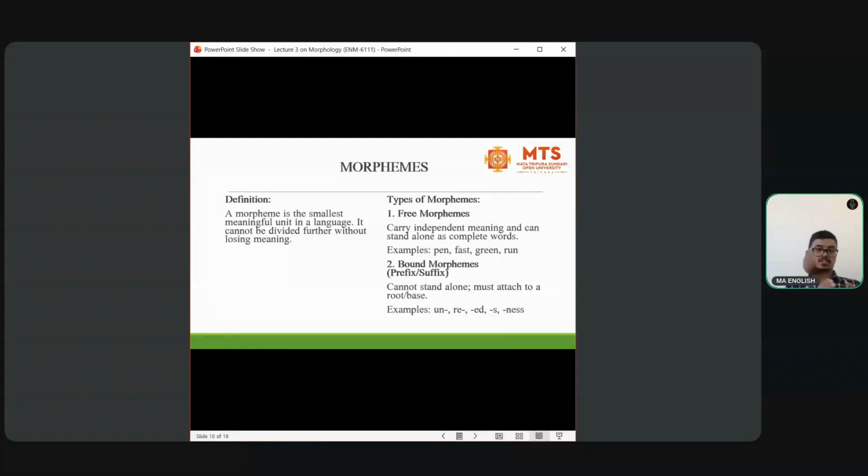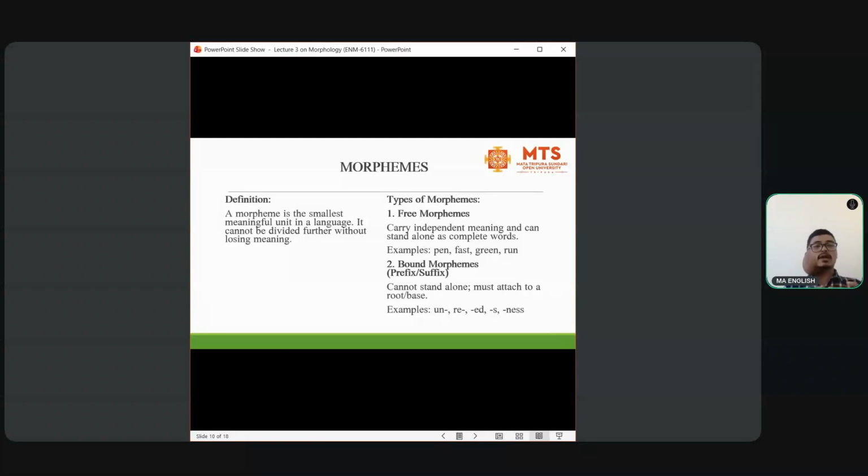They don't have to attach to another morpheme. They carry meaning on their own, so they are complete words. Since they already have meaning, they do not need anything attached, right?